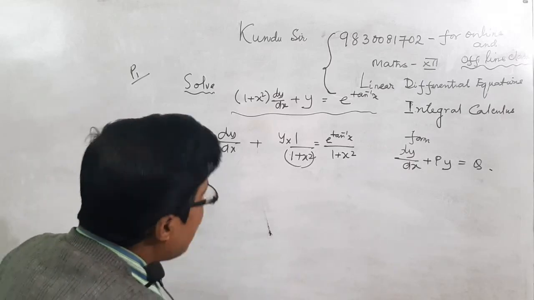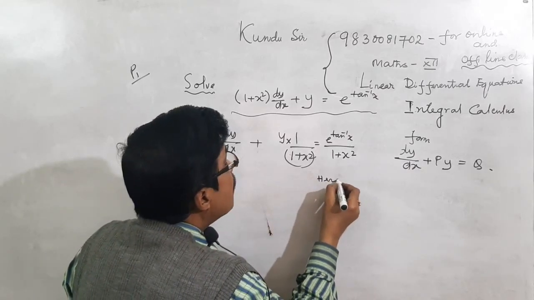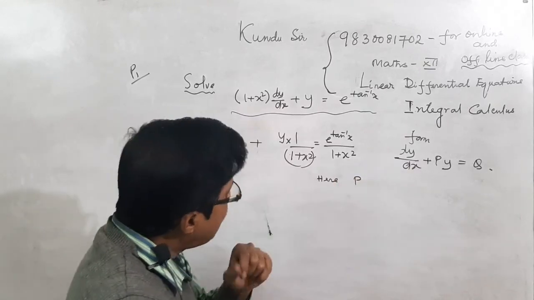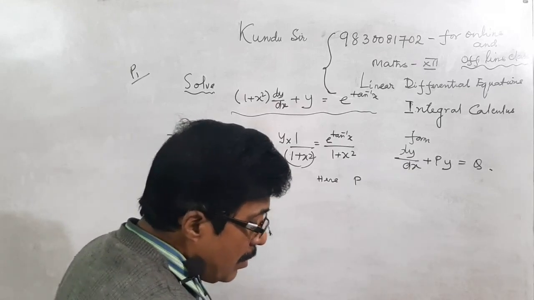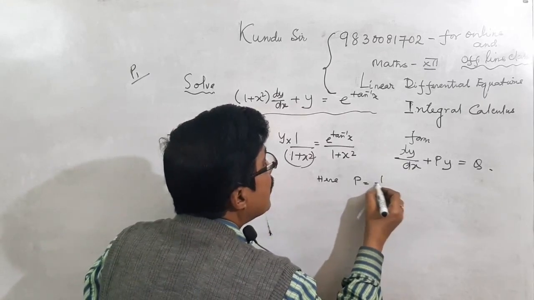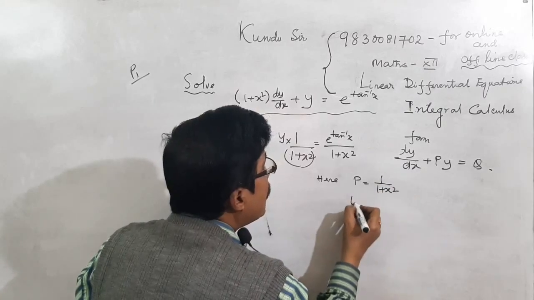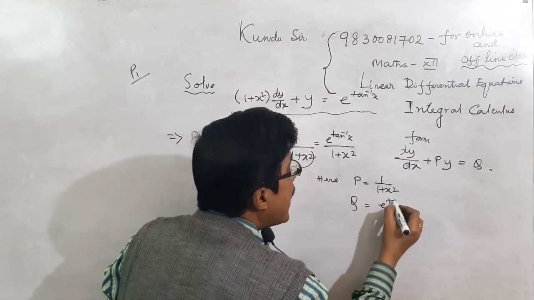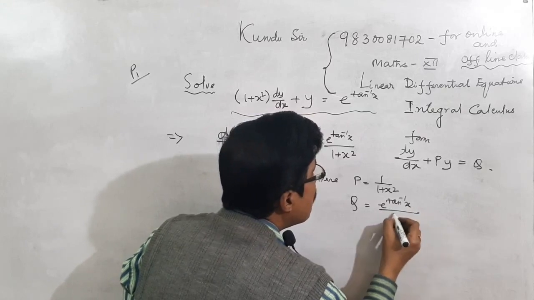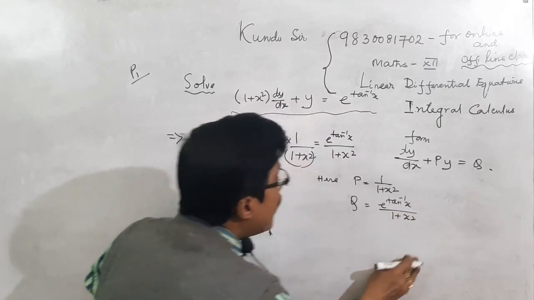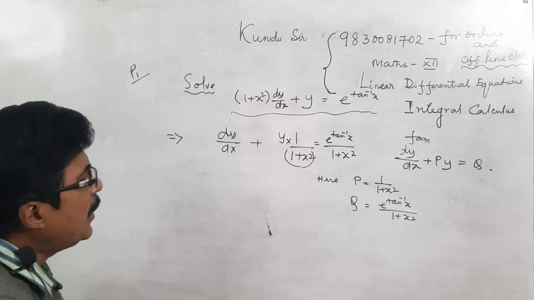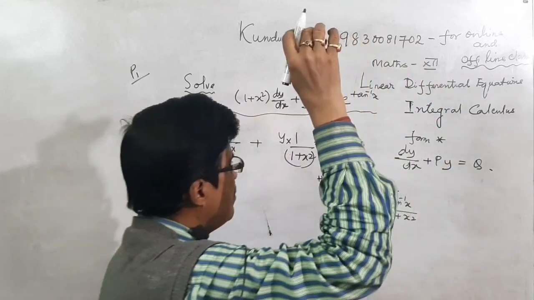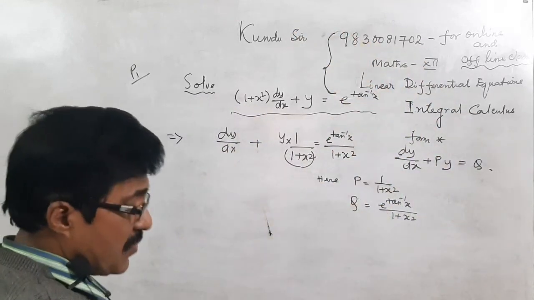Here p is 1 by 1 plus x square, and q equals e to the power tan inverse x upon 1 plus x square. We are comparing this with the standard equation dy by dx plus p into y equal to q.